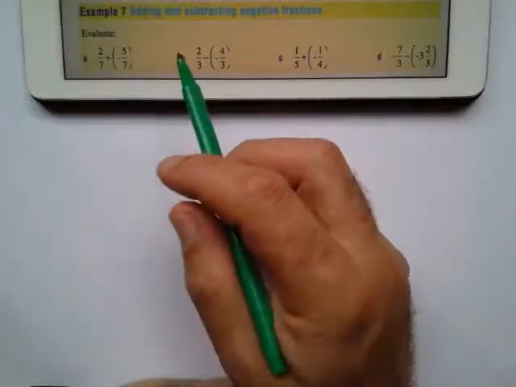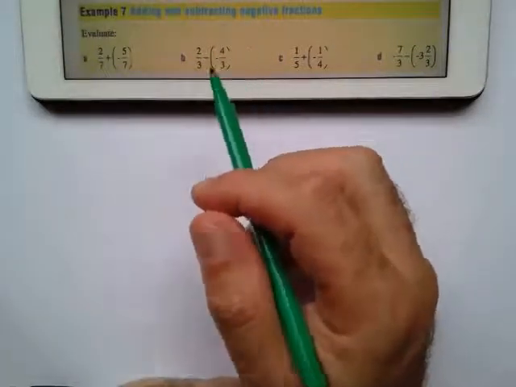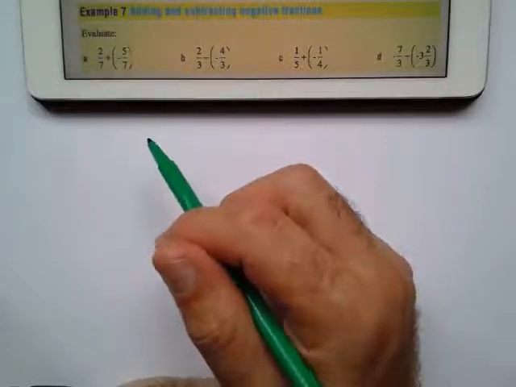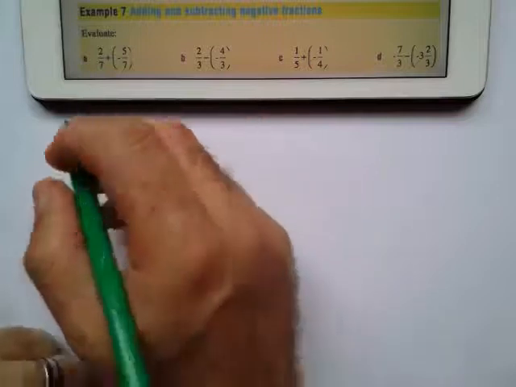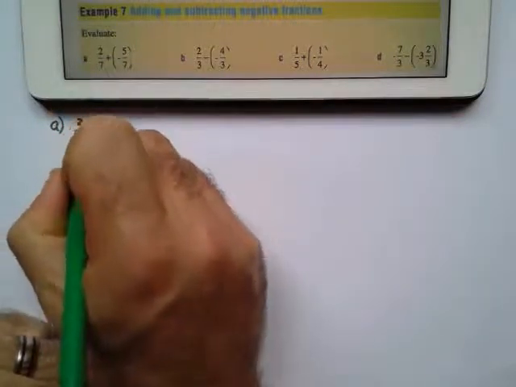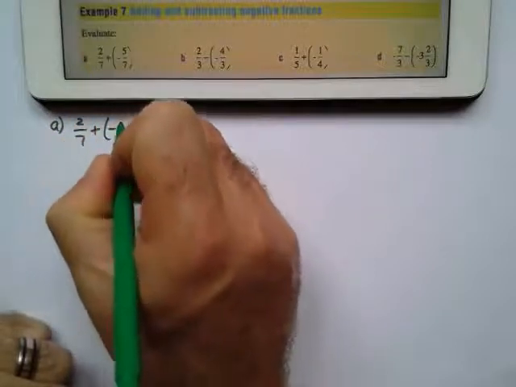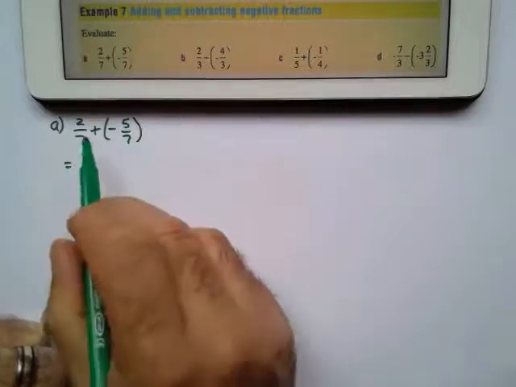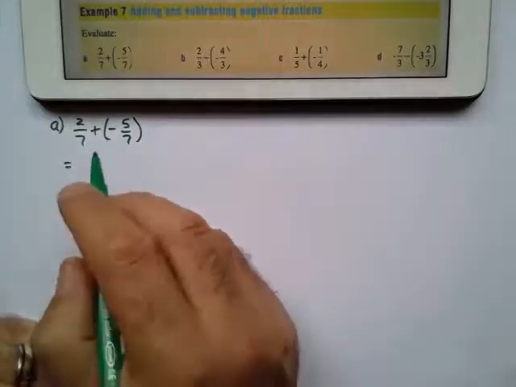To add and subtract negative fractions, we're going to use exactly the same rules as what we have used for integers. So let's look at A. A equals 2 over 7 plus negative 5 over 7. The first thing I see is I don't like this plus and negative next to each other.